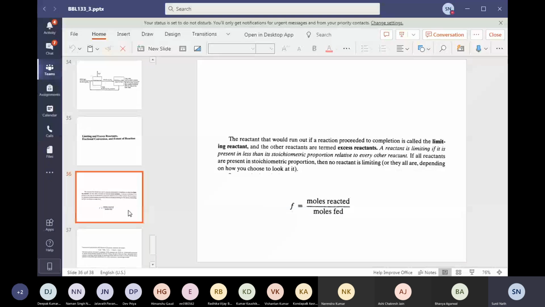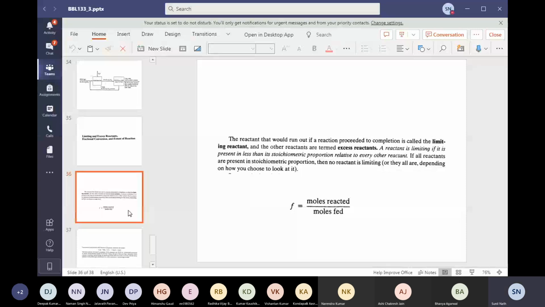Before we do any calculation, we have to identify which reactant is limiting and which are the excess reactants, because our fractional conversion is always based on the limiting reactant: moles of limiting reactant reacted upon moles of limiting reactant fed.